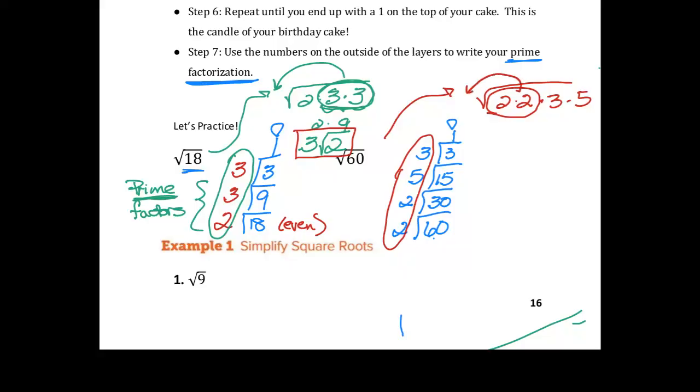This perfect square of 4 goes on the outside, but only 1 gets written down. So my answer here is 2 out in front times the square root. 3 doesn't have a perfect square with it. 5 doesn't have a partner. So we multiply these together and they stay inside under the radical sign. So your final answer here is 2 times the square root of 15.